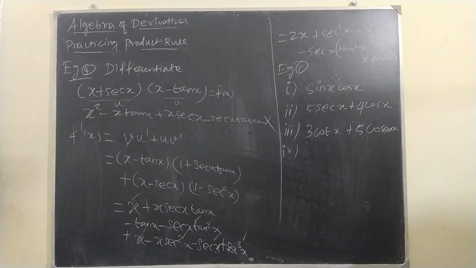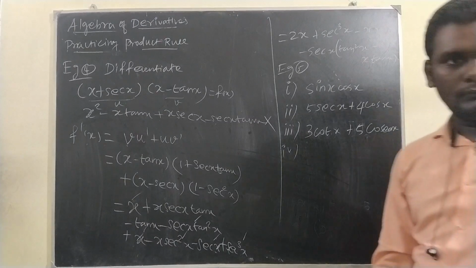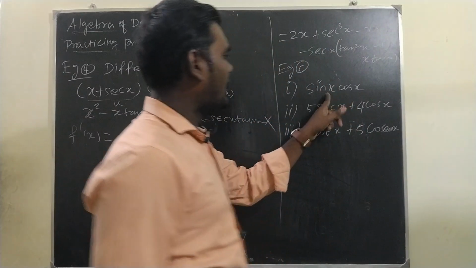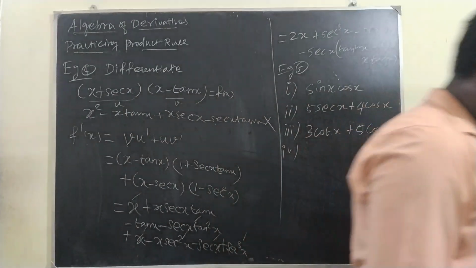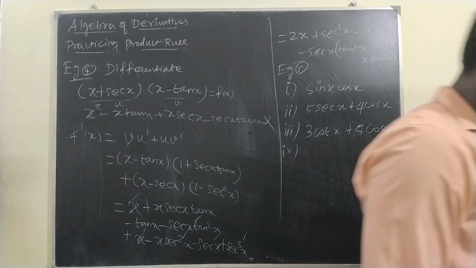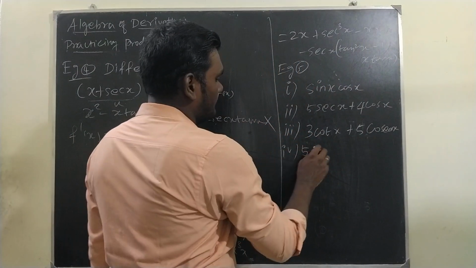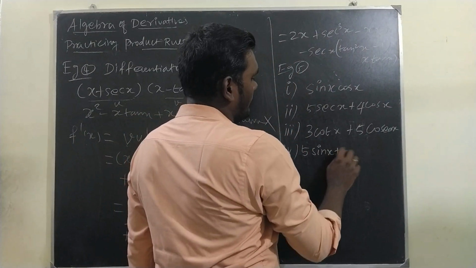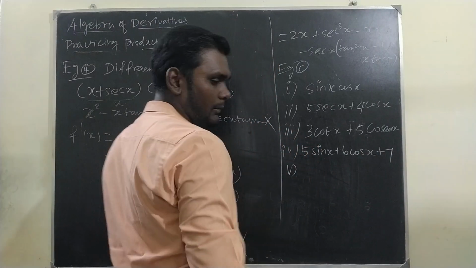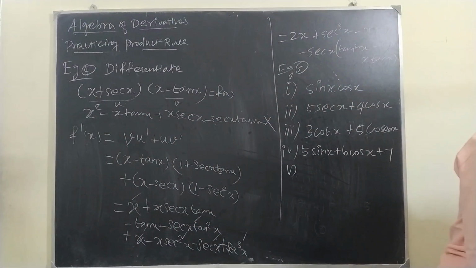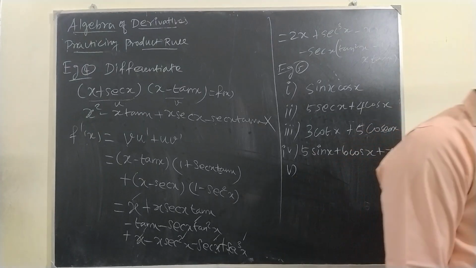Okay. Directly. This also you said directly. This also you said directly. Then in which one do we have to apply the product rule? 5 sin x plus 6 cos x plus 7. Think. Come on. Oh, there are 10 questions, man.